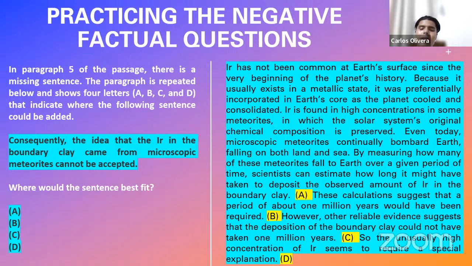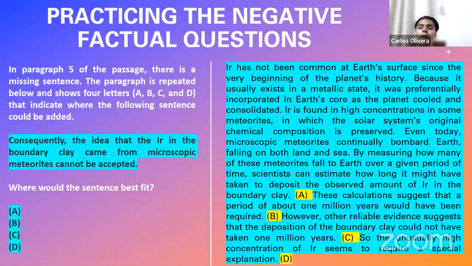But at the end they say, but there is a problem. And the problem is very simple. What's the problem? The problem is that apparently it couldn't take 1 million years for these meteorites to fall down to Earth. They don't explain why it's not possible for these meteorites to fall down and to fill the Earth in 1 million years. They don't explain it. The only thing they say is that it is impossible.